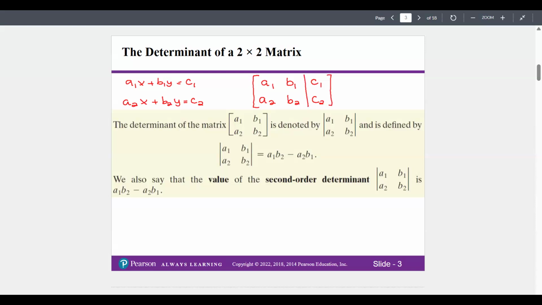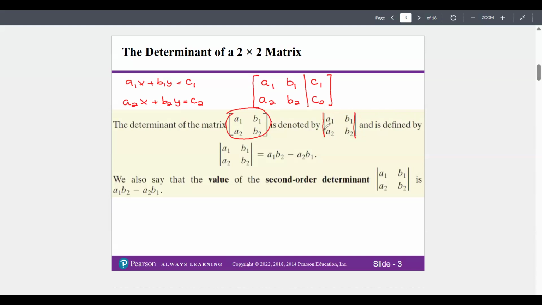There are different ways to write this, but if I have this system, I can simply look at the a1, b1, and a2, b2. So the determinant of the matrix a1, b1, a2, b2, we use straight lines to denote the determinant.